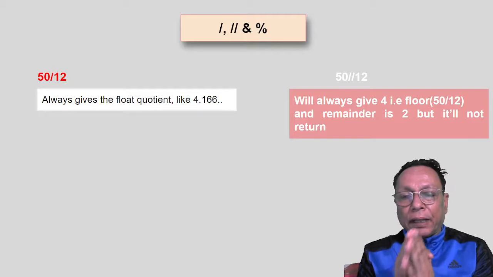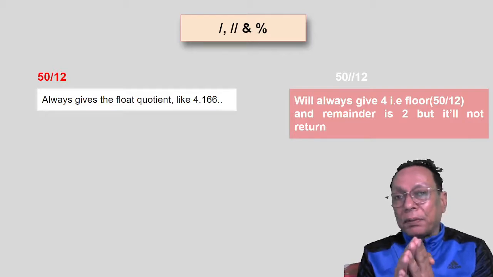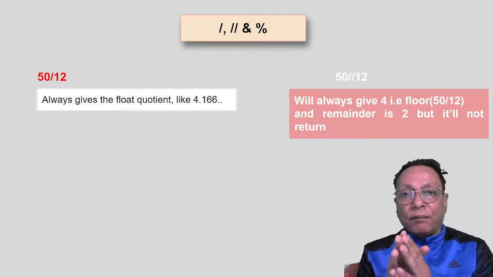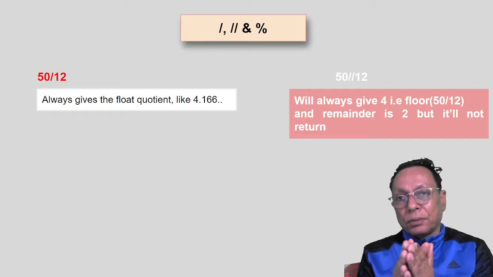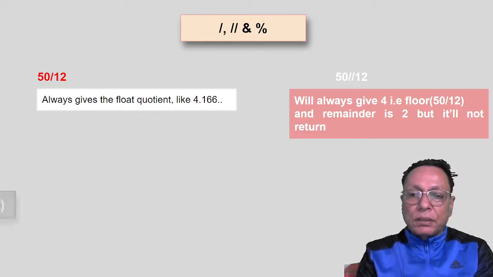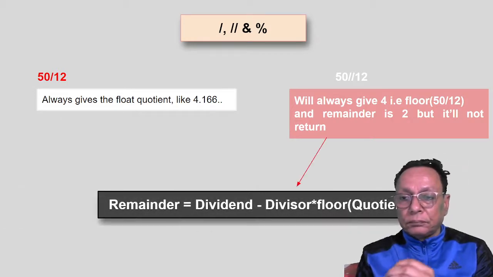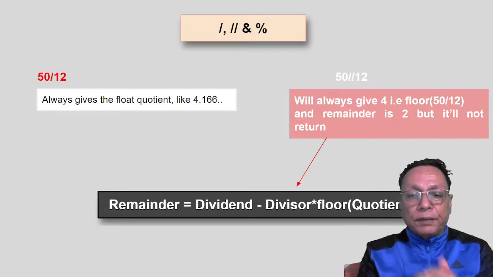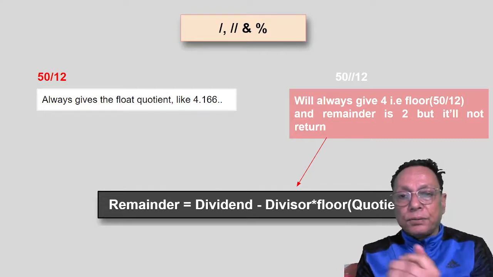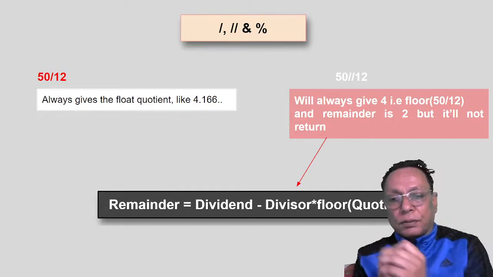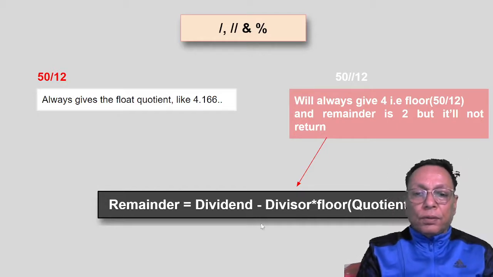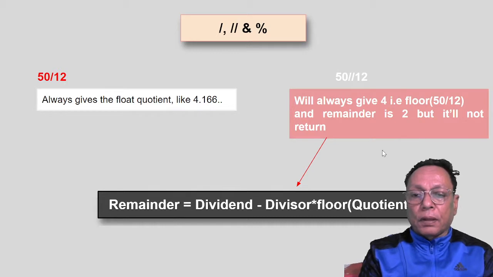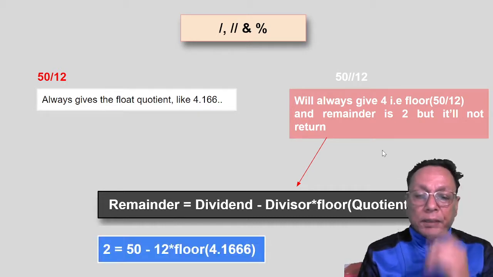So the remainder is 2, but this floor division symbol will not return 2. This will return 4 only. So the relation should be: remainder is equal to dividend minus divisor into floor of quotient. जरा इस चीज को देखिए, remainder says 2.